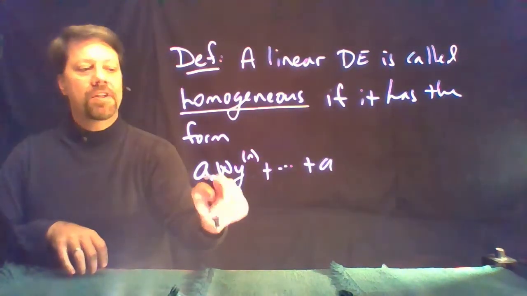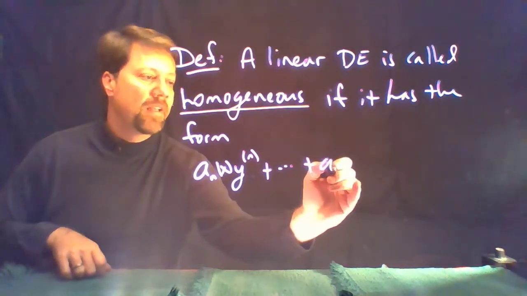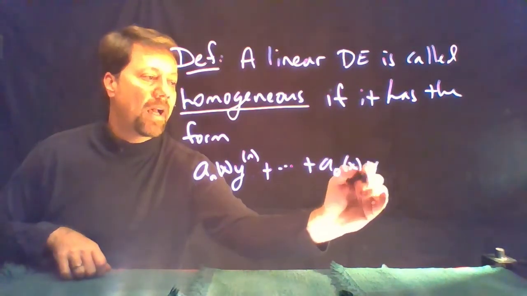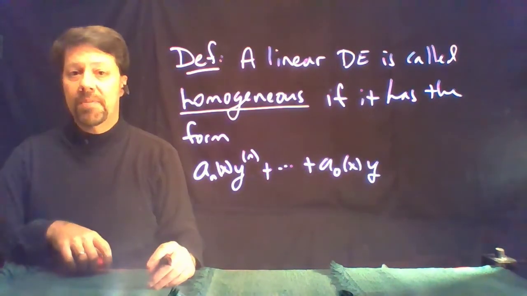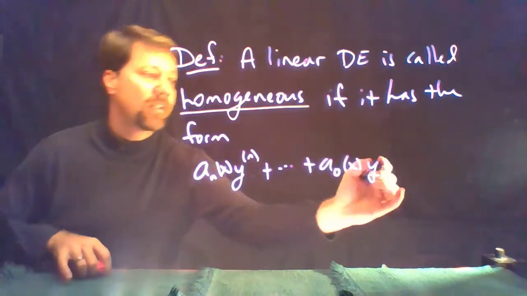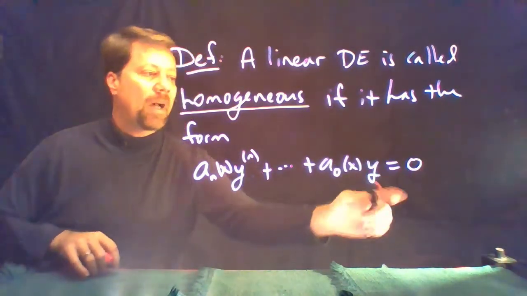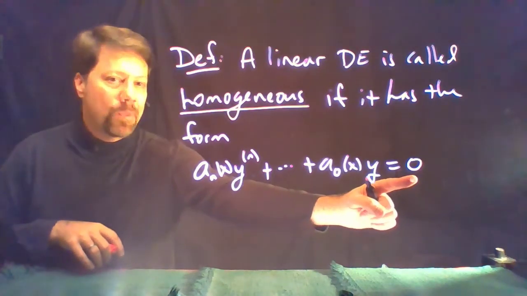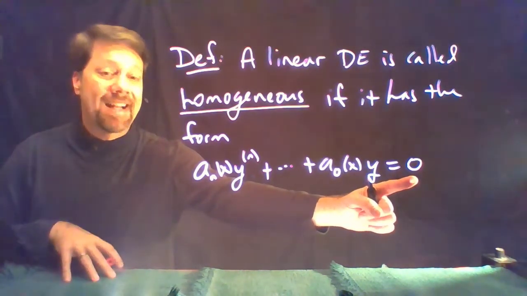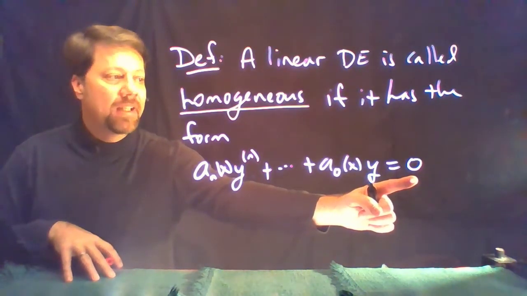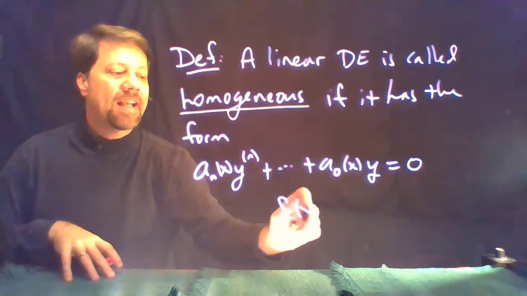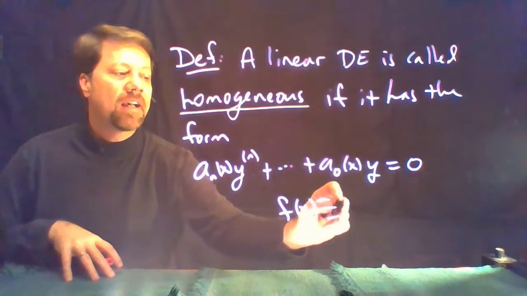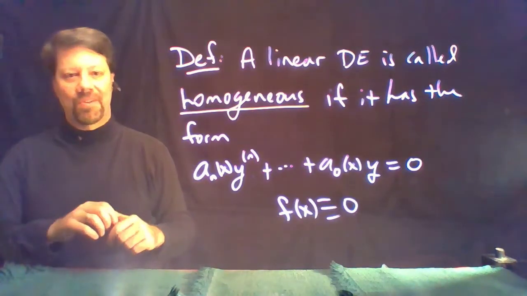We have arbitrary functions of x times derivatives, and we have y and its derivatives in separate terms with different arbitrary functions of x in front of it. But the distinction between a homogeneous linear differential equation and a non-homogeneous differential equation is that here the right-hand side f of x is identically equal to 0.